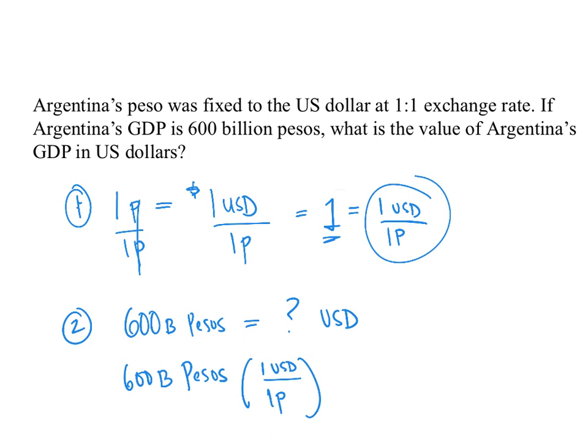Through the magic of algebra, these units cancel out, and now I have 600 billion US dollars, which you already probably suspected because we know we have a 1-to-1 exchange ratio.